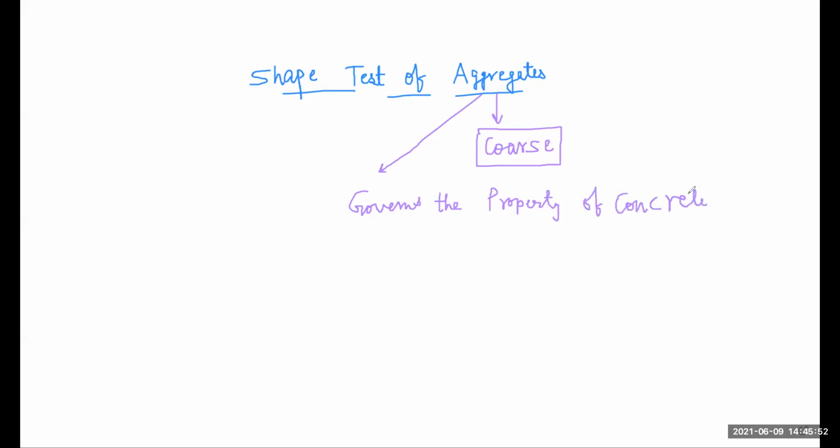Aggregate governs the property of concrete. And I already discussed there are two properties of concrete which are governed by the property of aggregate. The first one is strength and the second one is workability.